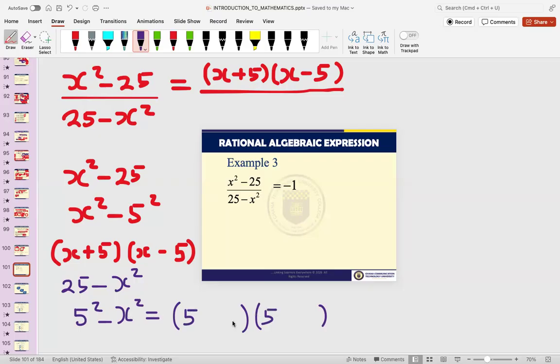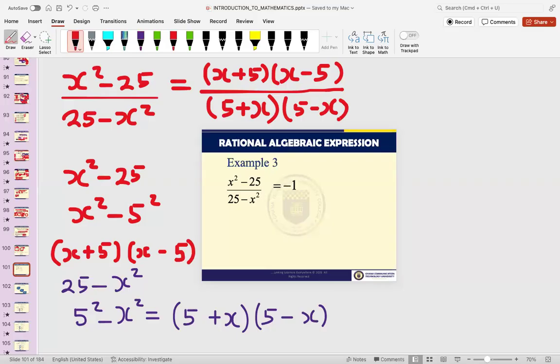Second number x, we repeat it here. First sign is positive, second sign is negative. And then we go up there and put it here. So we have 5 plus x into 5 minus x. So this is the situation we have now.